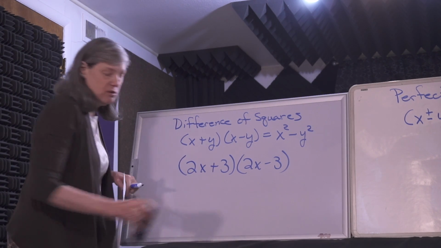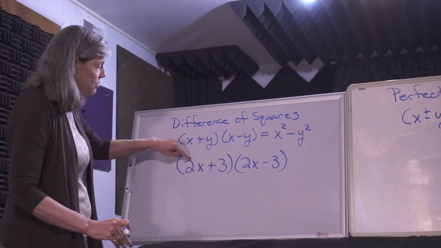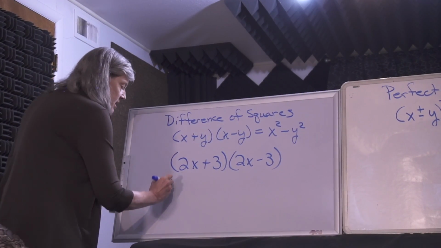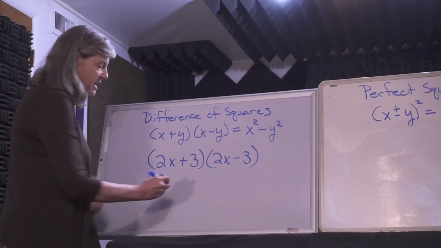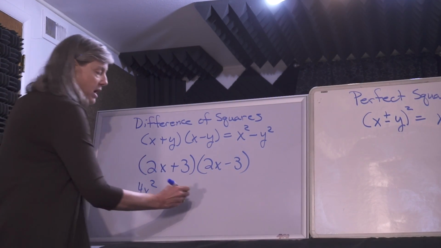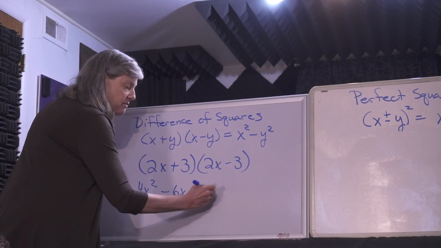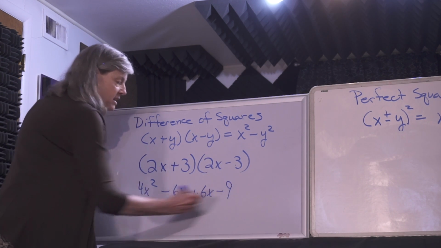If we were to do this the long way, let me show you. Foiling it out, 2x times 2x is 4x squared. Then 2x times negative 3 is negative 6x. Then 3 times 2x is positive 6x. And 3 times negative 3 is negative 9.